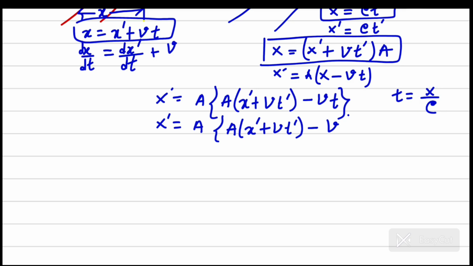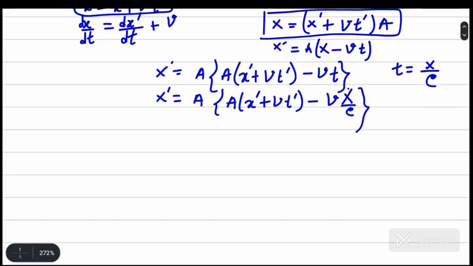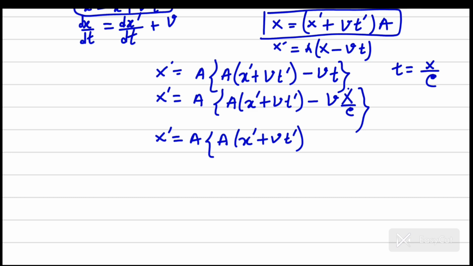So this is x by c. Again, we will rewrite this transformation here. So x prime equals a times x prime plus vt prime minus v by c, and just put the expression of x from here. So this is a, again x prime plus vt prime.